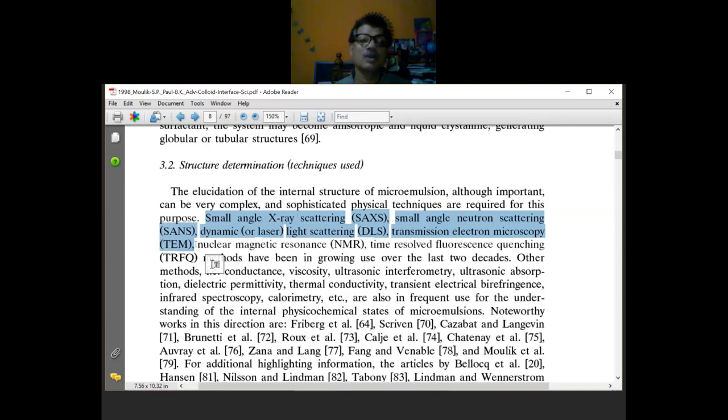So by this you can determine the size of the microemulsion. You can get the different states of water in reverse micelle or water in oil microemulsion, or even the micelle. The property of micellization can be studied by technique called nuclear magnetic resonance or time resolved fluorescence quenching.